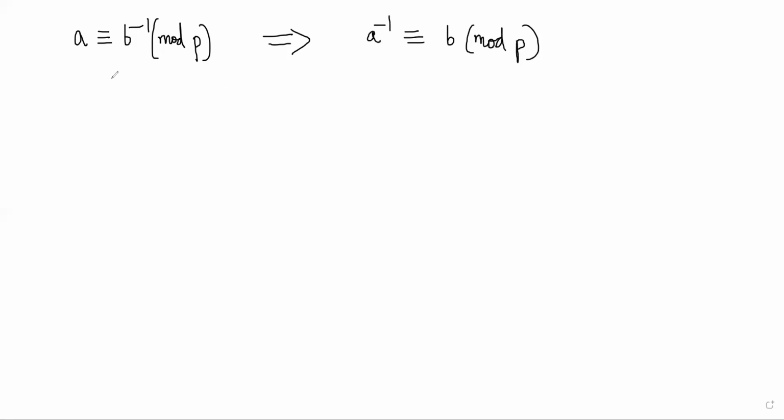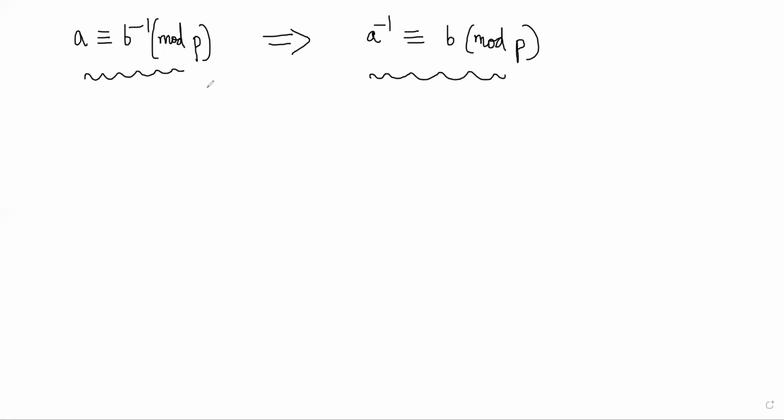Then using properties of inverse, we will derive Wilson's theorem. What we know is, suppose A is congruent to B inverse, let's say mod P. Then you can easily show that A inverse will be congruent to B mod P. This can be shown.